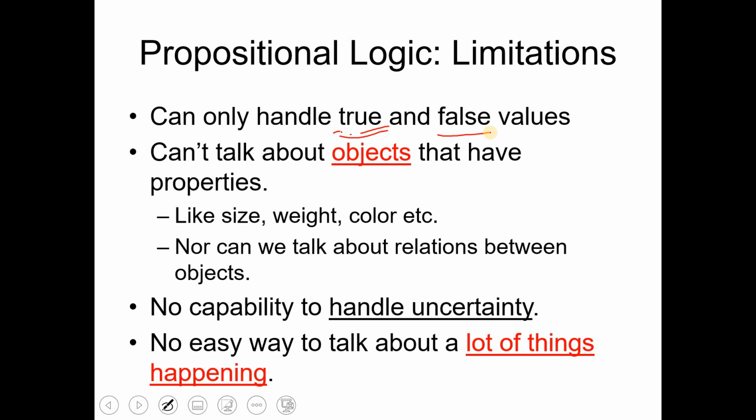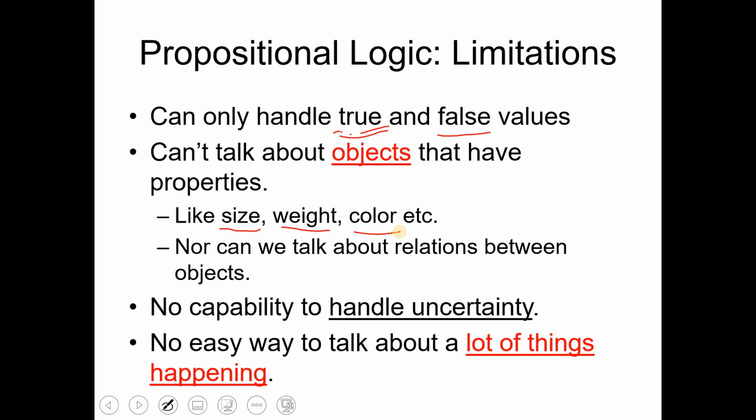For example, the size of a ball, the weight of a ball, or the color of a ball, you cannot define. So there are many things you cannot define in this language. It is not possible to have things with different values.